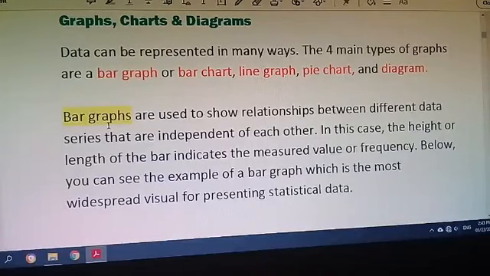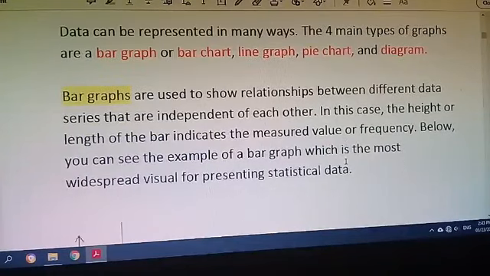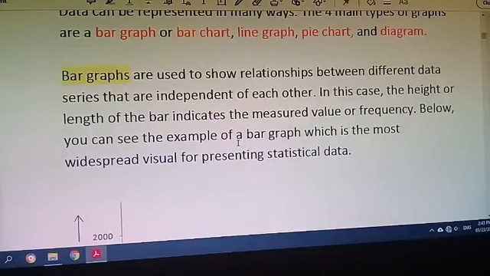Bar graphs are used to show relationship between the different data series that are independent of each other. In this case, the height or the length of the bar indicates the measured values or frequency. Below you can see the example of bar graph, which is the most widespread usual for presenting statistical data.